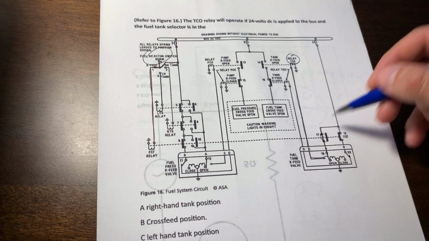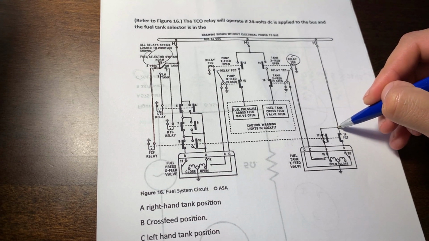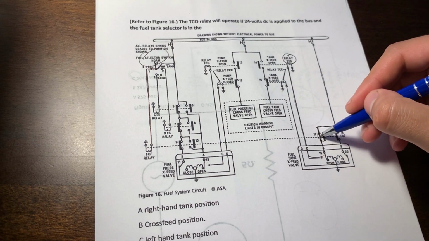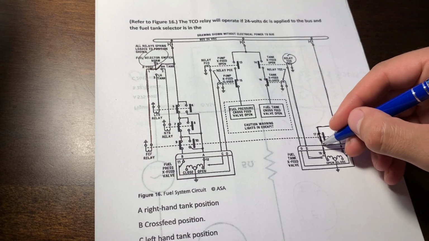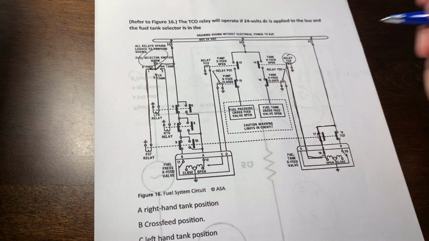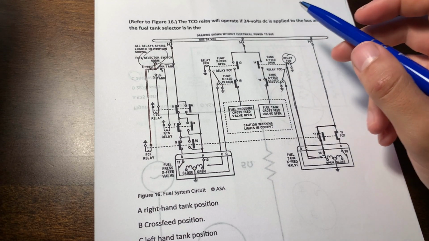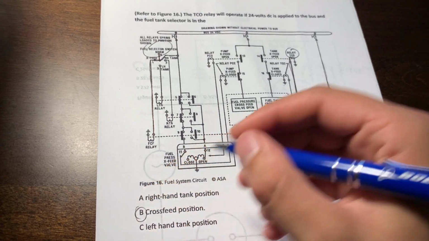Now since this is closed, it has power coming in from up here, going down, through the closed switch here, going back up, operating the TCO relay. So the answer would be crossfeed position.